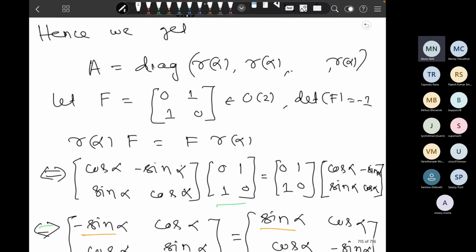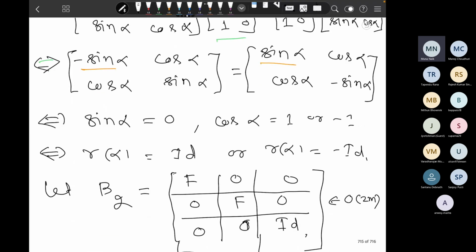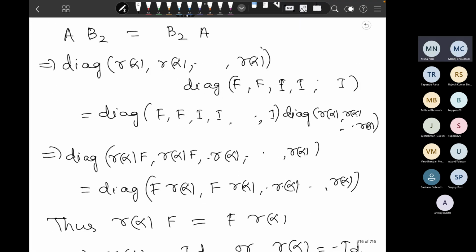I have to just conclude that R alpha is equal to identity. You can do it for as many as you like, but I need only R alpha to conclude the identity. Therefore, I am taking two F's. If you take only one, then you don't have determinant one.